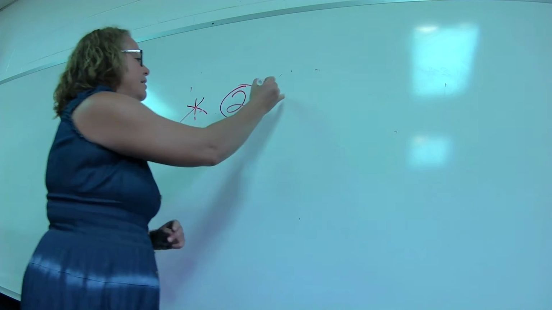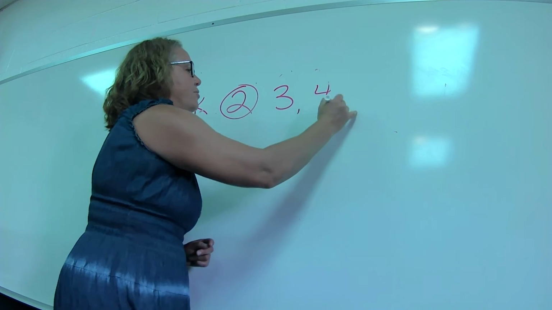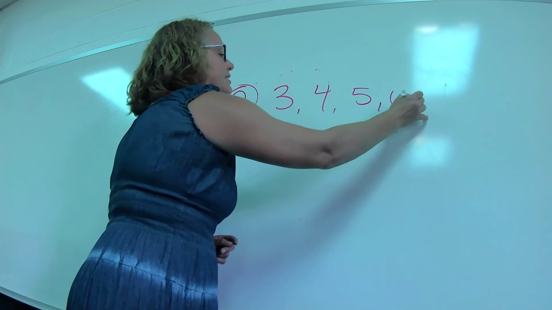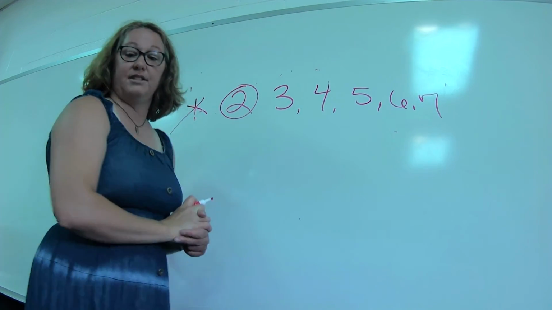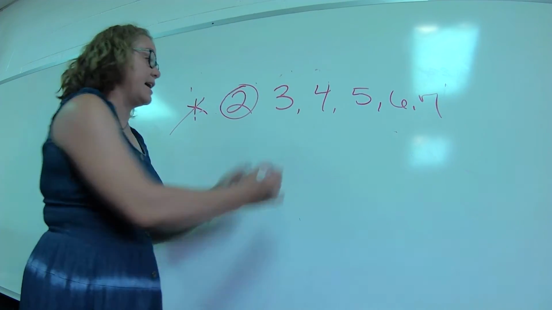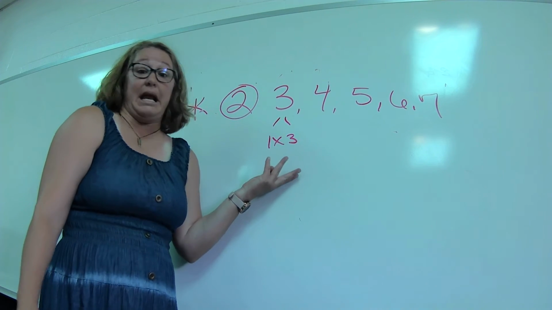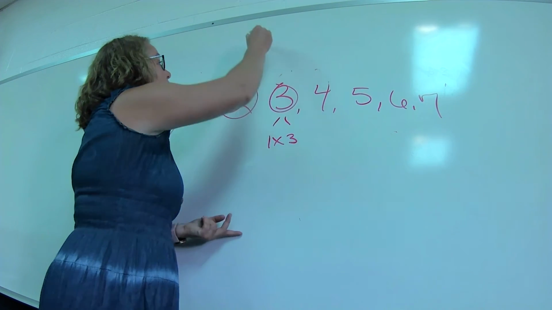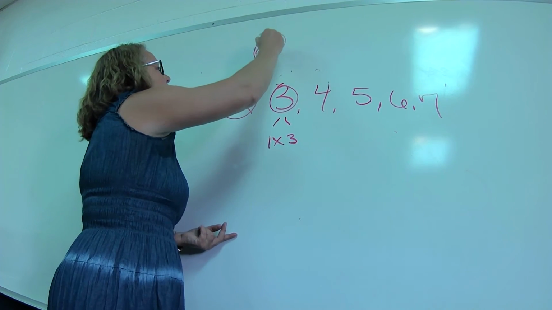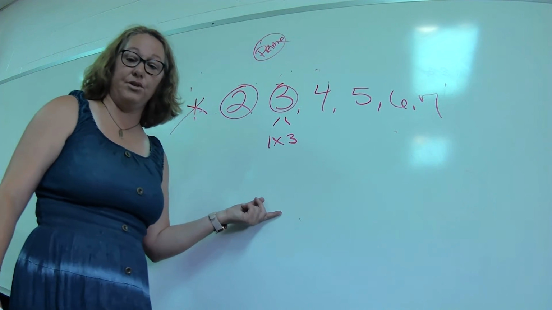All right? So we have 3. Let me write a few of them up here. 4, 5, 6, 7. All right, 3. Well, how do I get 3? Well, if I did my factors, 1 times 3. Does anything else equal 3? No. So it's prime. I'm going to circle prime numbers.